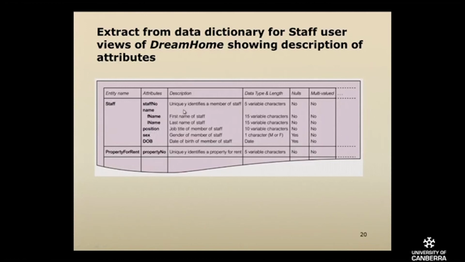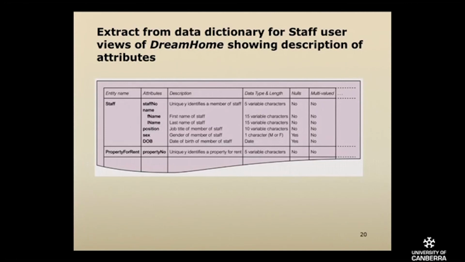What it is: the staff number is a unique number identifying a member of the staff, it's a primary key, you can say here. F name is the first name, L name is the last name, position is the job title of each member of the staff, sex is the gender of the member of the staff, date of birth is DOB. And here you say the type of values that this attribute can have.